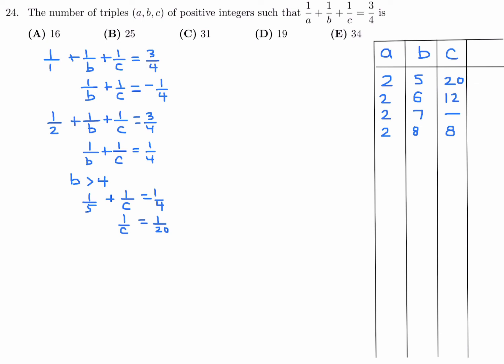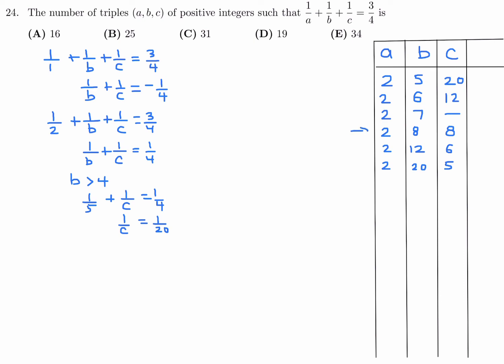And then you just keep on doing this, and eventually what you'll notice is that you get up to 2, 12, and 6, and 2, 20, and 5. And you say, well, do I really have to go through every single one? And the answer is no, you don't. You just have to understand that just how this is 5, 6, 7, 8 like this, that's going to be the same for this one. 5, 6, 7.